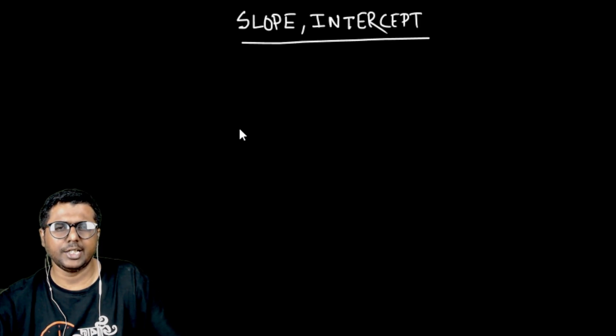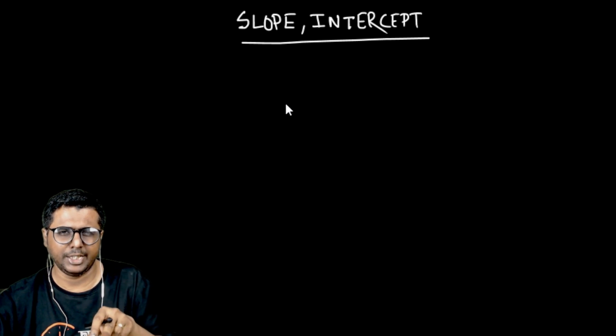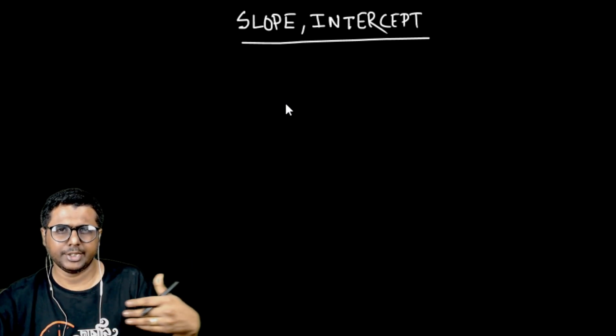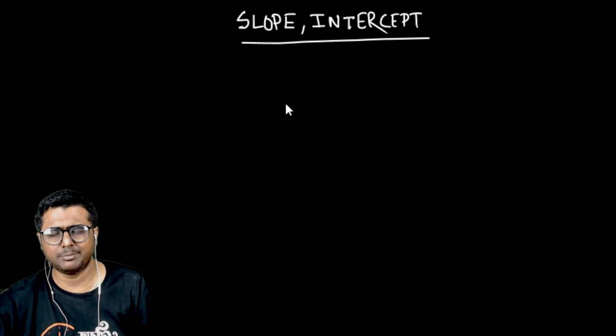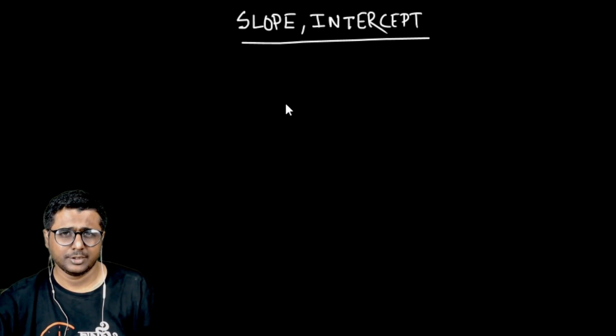Intercept means cutting, nothing else. If you cut something, that means you are intercepting that person. Suppose I am running and you are stopping me by running from the 90-degree axis of myself, then it is called intercepting. The word is very much used in football when a defender intercepts the forward going towards the goal. That is intercept, nothing else.